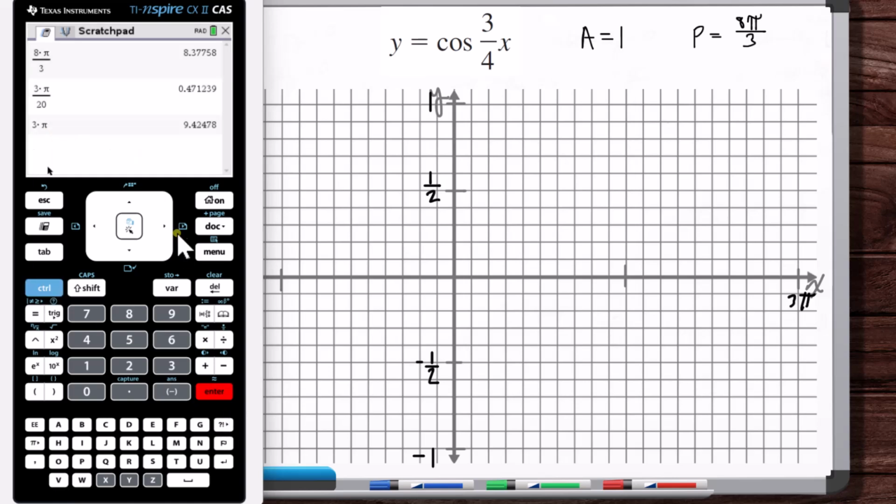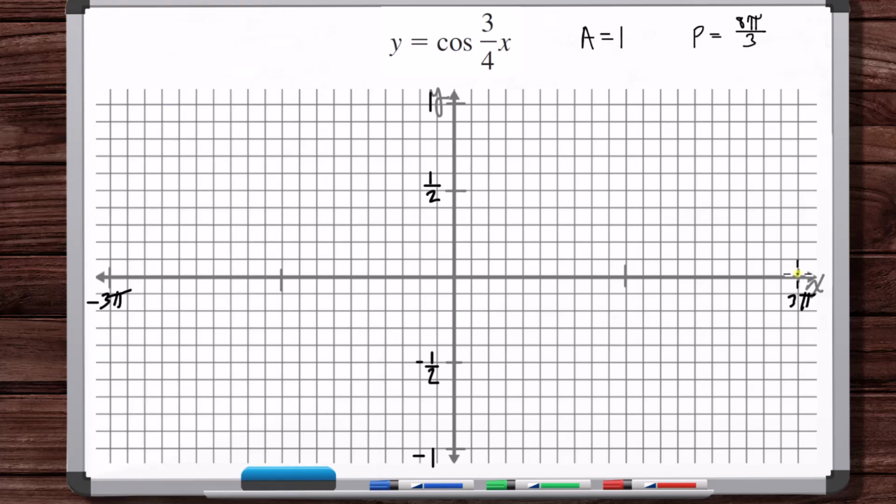Now, how far above 8 is 3 pi? Is this above 8 pi over 3? How many tick marks is that? A little over 2. So the period goes from 0 to 1, 2, and then about 0.2 to there.